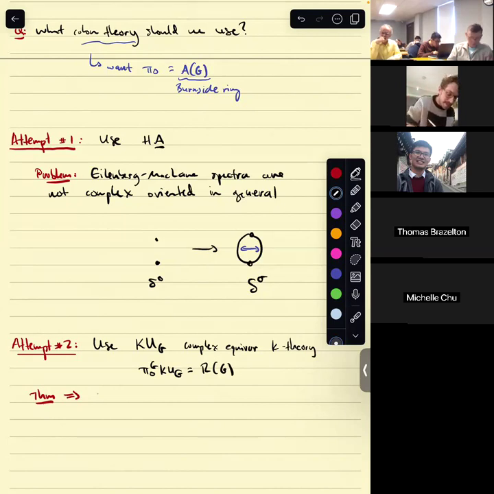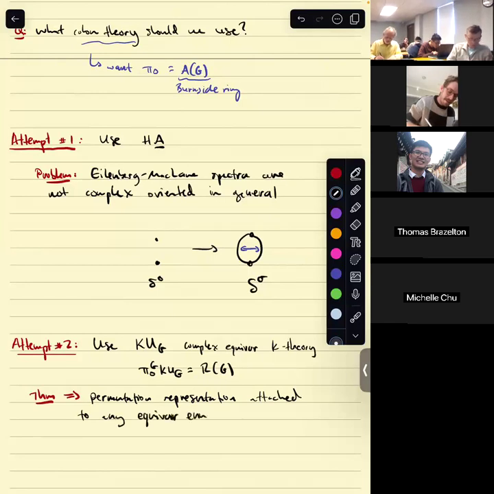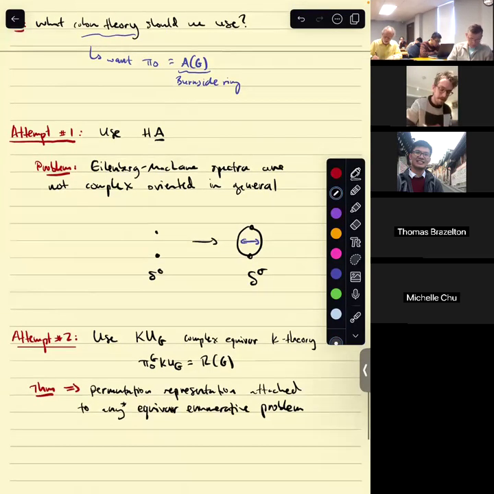And what the theorem implies is that the permutation representation attached to any equivariant enumerative problem, and by any, let me put an asterisk, any that can be encoded in this setup that I defined above, having these sort of equivariant sections, the permutation representation attached to that is conserved.